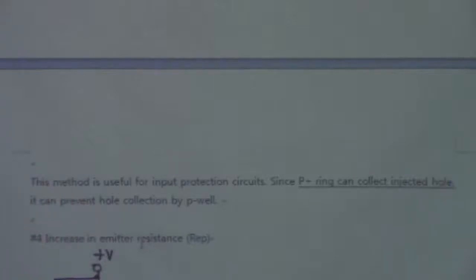The holes collected by the P well become the current in the lateral bipolar transistors. On the way, you just put the pseudo collector, which is going to take all the holes before they reach the collector of the lateral transistor. That is one way to prevent the latch up, of course.